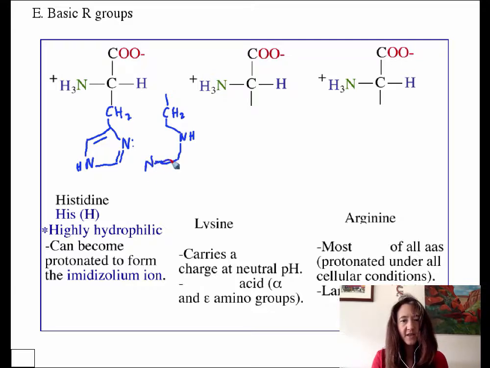Excuse the line there, it is really not very good, but we get the delocalization of electrons across those two bonds, and we recognize that this will carry a positive charge. So here's the interesting thing. This imidazolium form, the positive charged form, and the imidazole form, remember that the pKa for histidine is approximately 6.